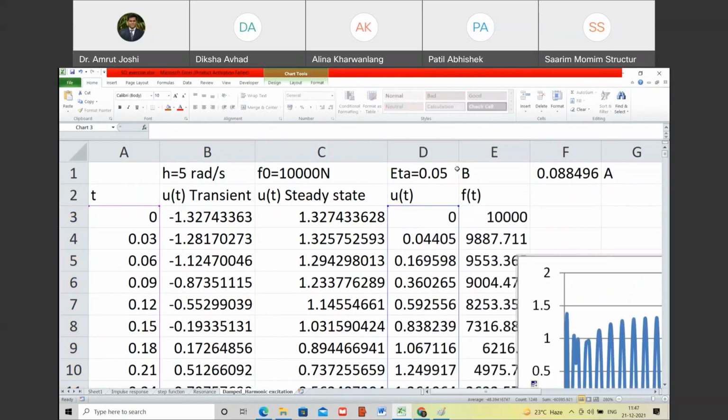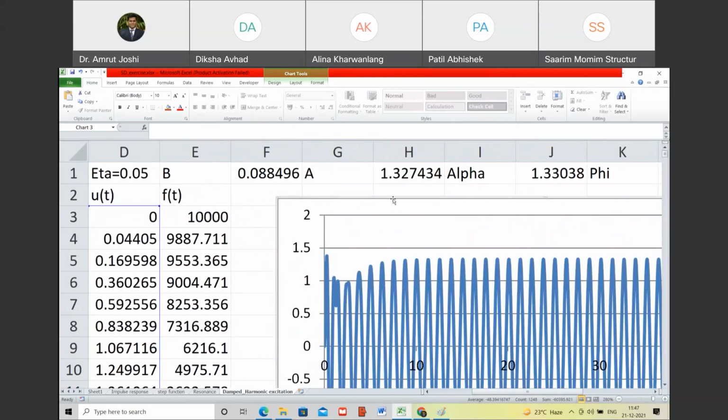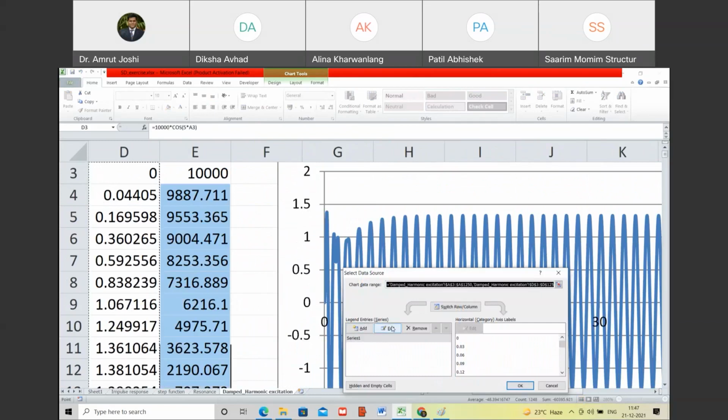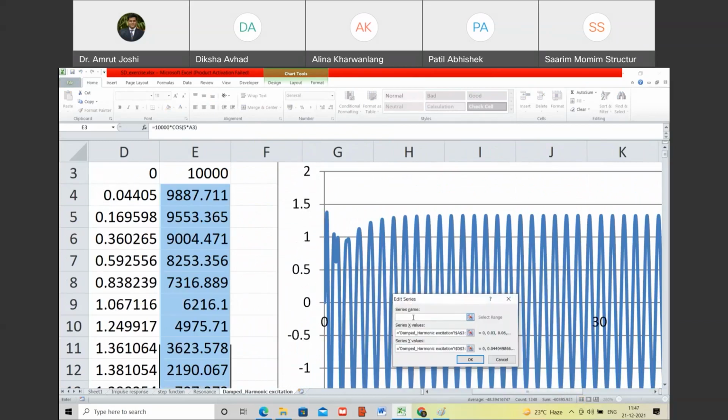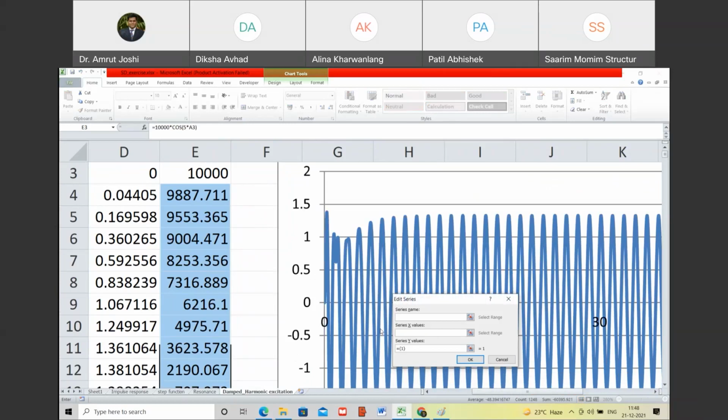So in the same diagram, in the same plot, I am going to add select data. This series 1, I give it a name. What is this name? This is response. Are you with me? It is u of t. Or instead of calling it response, I will call it u of t. Happy? In that, I am going to add another series to which I am going to give the name f of t.